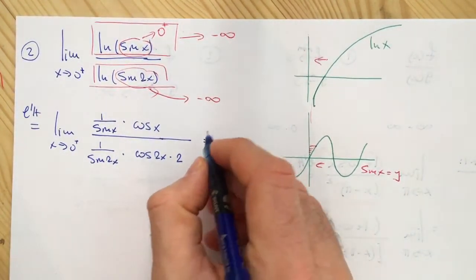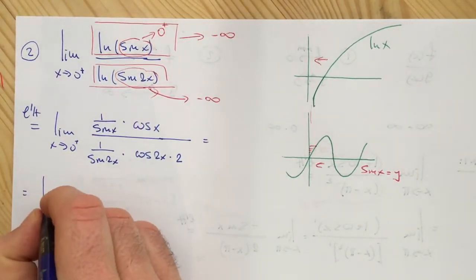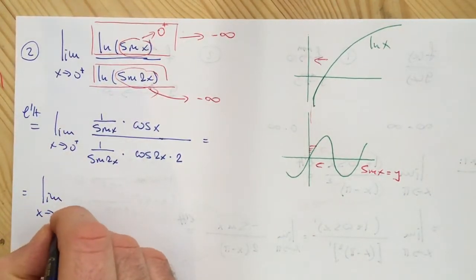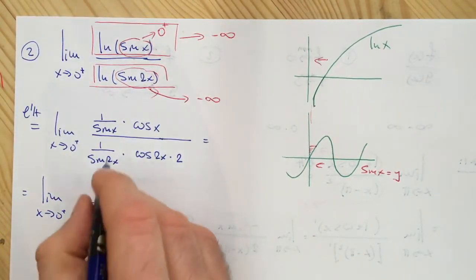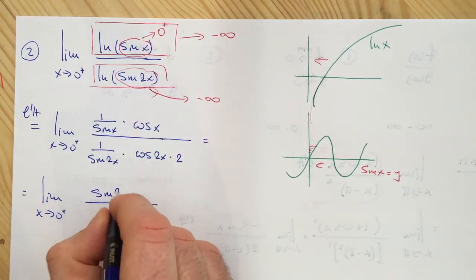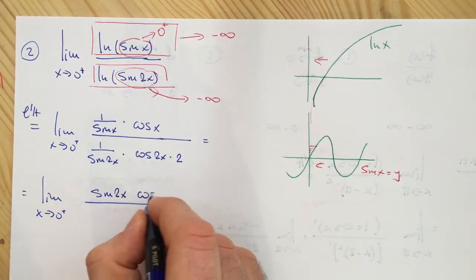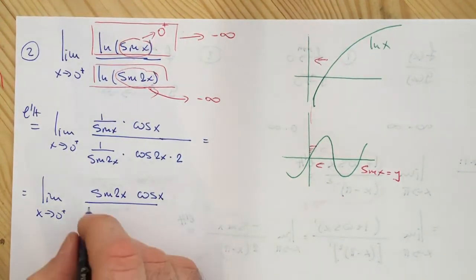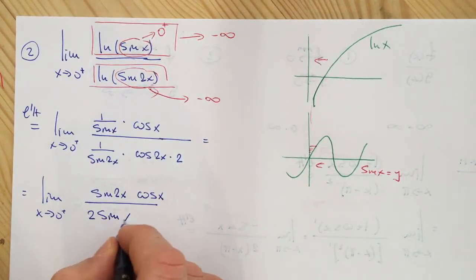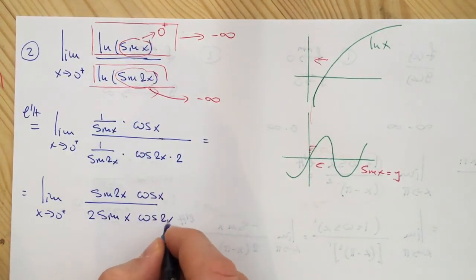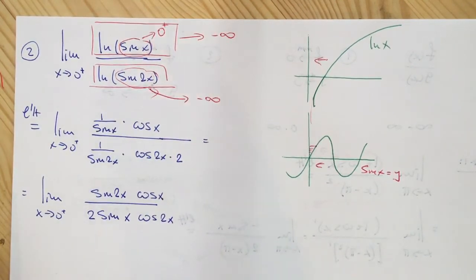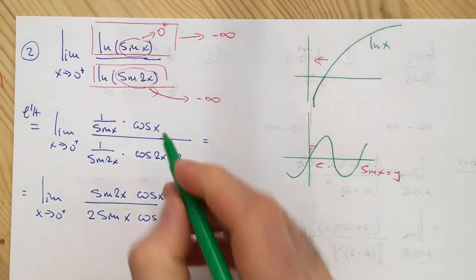Okay, so let's write this in a slightly better manner. So this is going to be equal to sine of 2x times cosine of x over 2 times sine of x cosine of 2x. Okay, so what happened here, right?